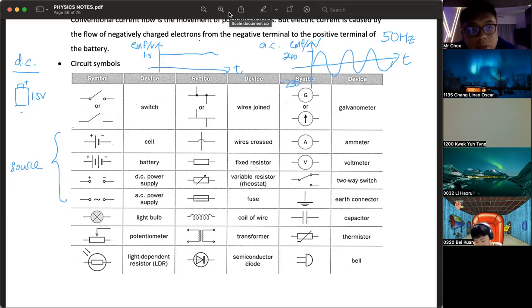If you look at the two graphs, which one is easier, the straight line one, DC, or the alternating? Based on what you see here, definitely DC is more straightforward, just maintaining at 1.5 volt or 200 volt, for example, and you just supply to your houses.